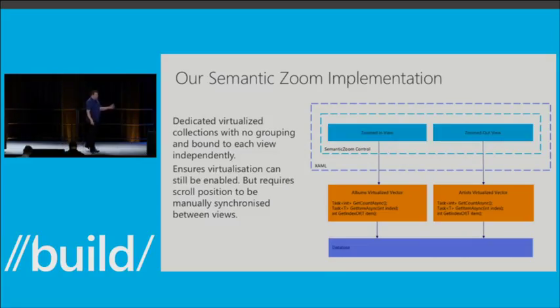This is a data virtualized collection, which ensured that we minimized memory usage and kept the app performant. The only issue was that we still had to keep position synchronized, which we could do simply by using the scroll item into view.